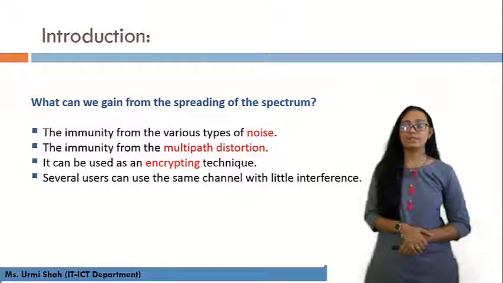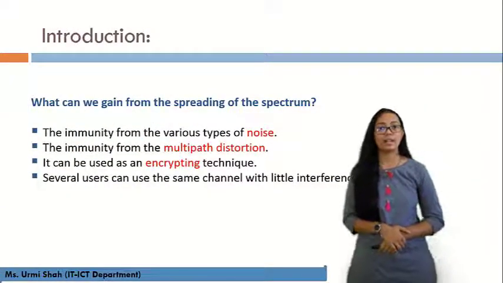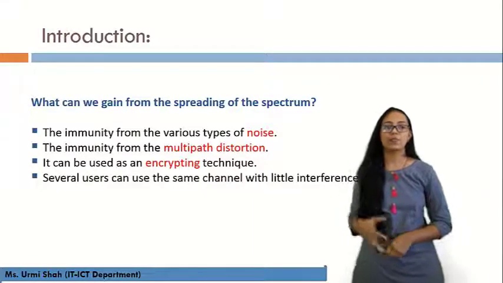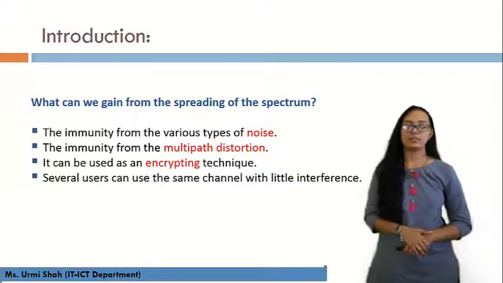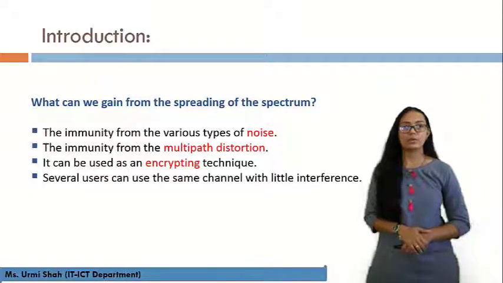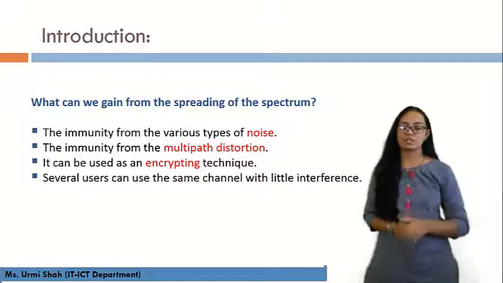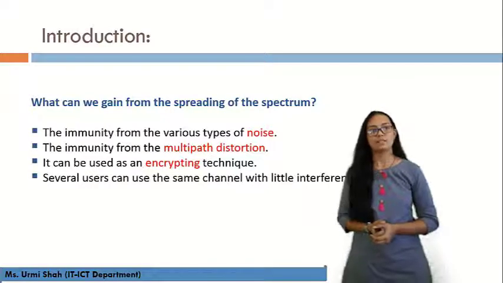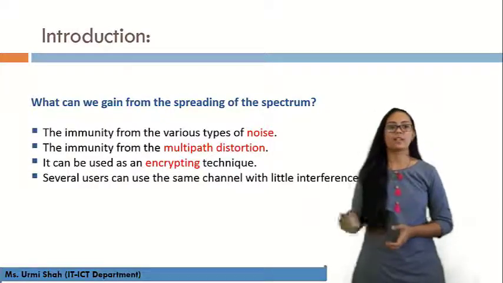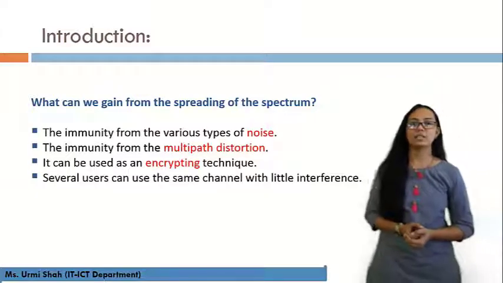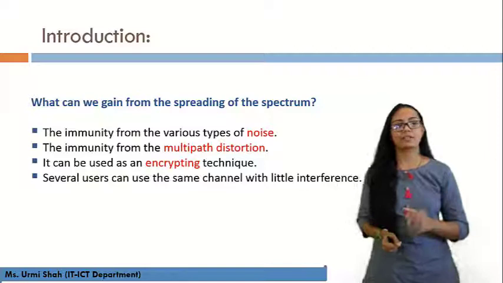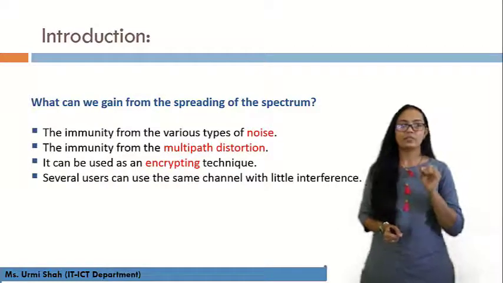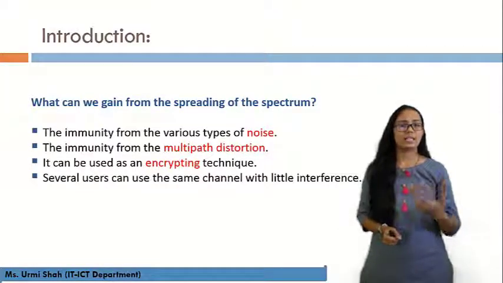Now, a few questions might be arising in your mind, like what can we gain from the spreading of spectrum? The immunity from various types of noise is achieved whenever we are performing spreading of spectrum. Another thing is the immunity from multi-path distortion. All these factors are very important whenever we are discussing any noise-free communication system.